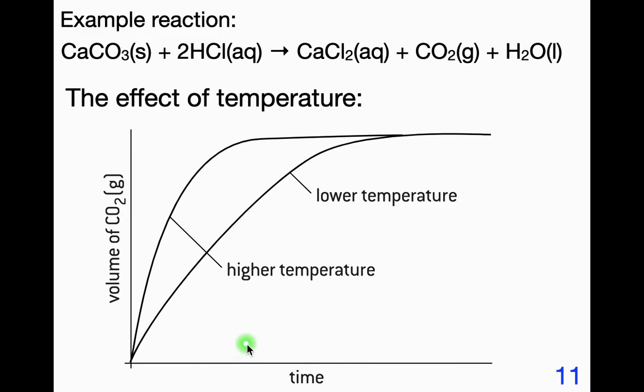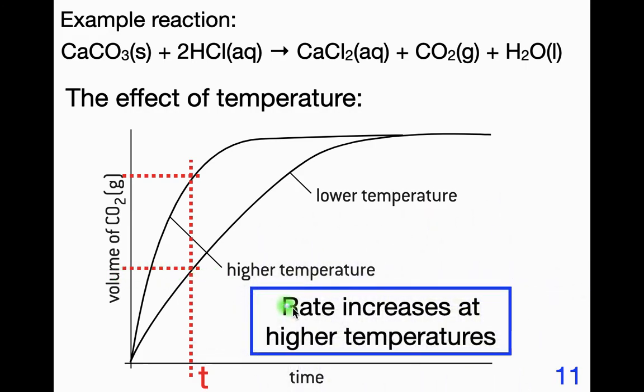Okay, now let's just pick an arbitrary time t, draw a line for that time, and we can see that at that time, the higher temperature is able to produce more carbon dioxide gas than the lower temperature. Rate increases at higher temperature.